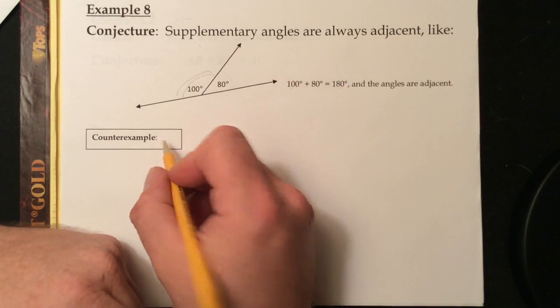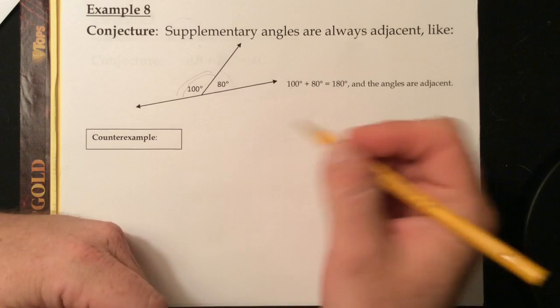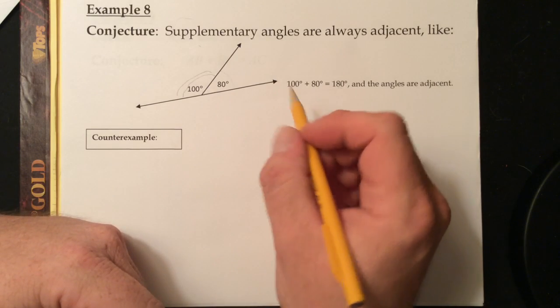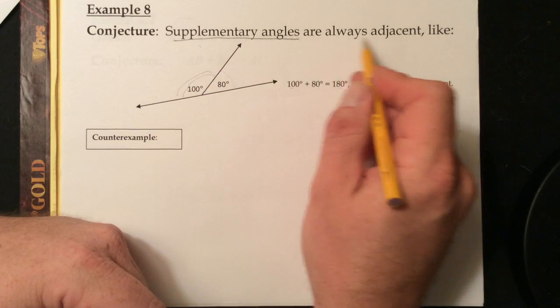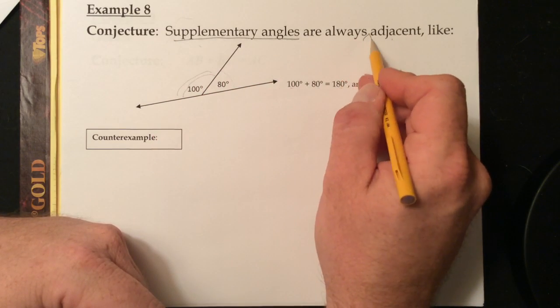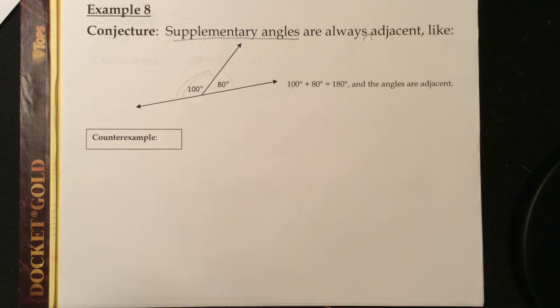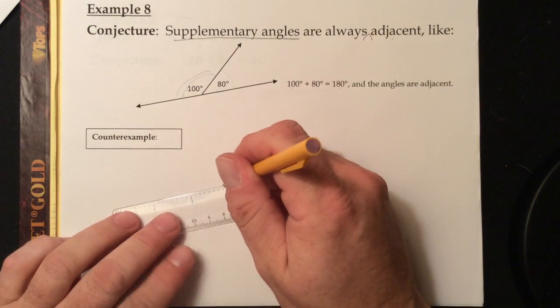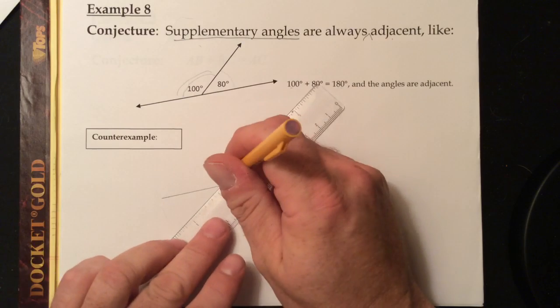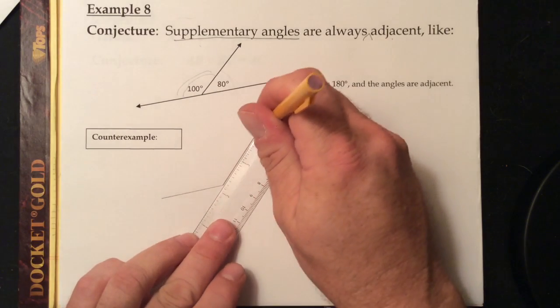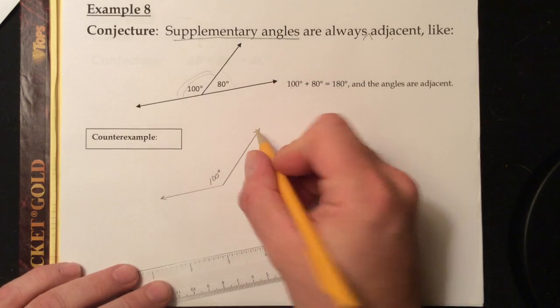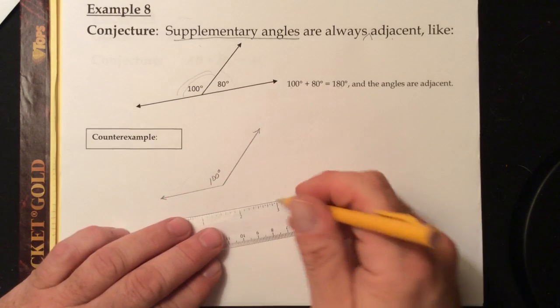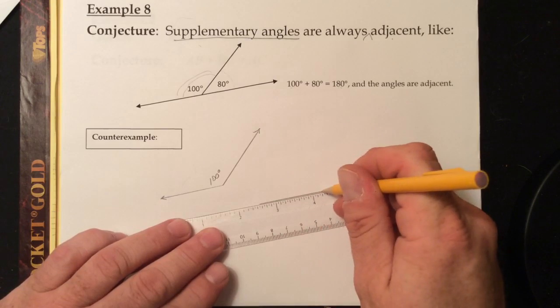So to come up with a counterexample, we need to figure out a way we can have supplementary angles, this first part right here, but yet they're not adjacent. Is that possible? It is if you do this. Draw an angle that measures 100 degrees and another angle that measures 80 degrees, but that are not adjacent.